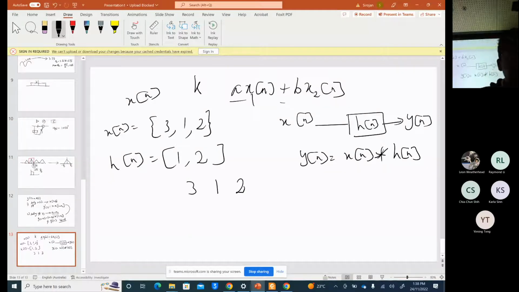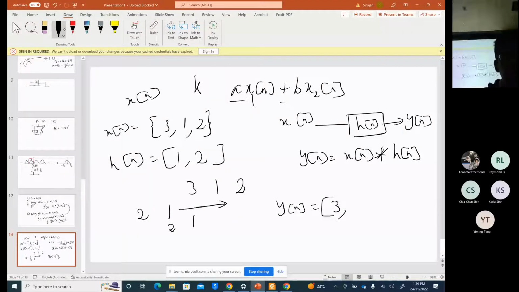When you flip it, this 1 comes here and 2 comes here. Then you move this one along this line. When this comes just under this one, 2, 1, what is the answer? y[n] is equal to 3 into 1, so 3.